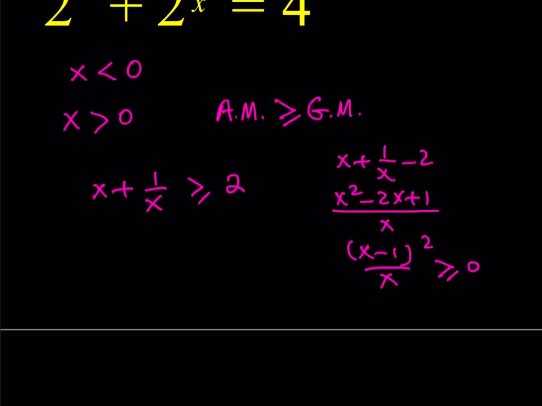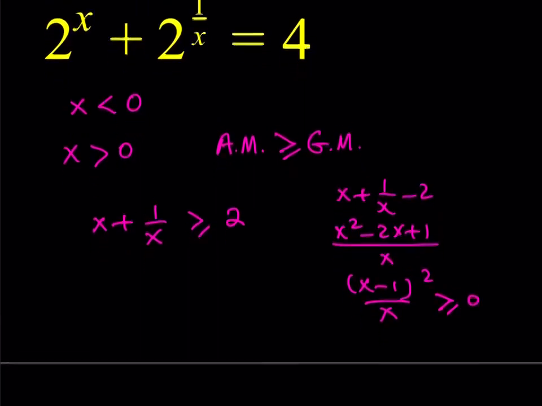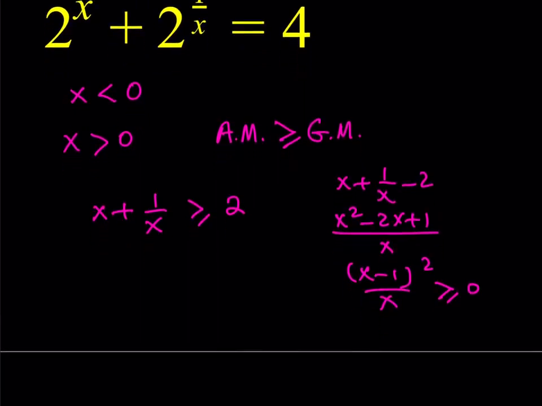What does this tell me though? I don't have the sum of these two terms because these are the exponents. Well, what I can do is, along with the AM-GM inequality, I can use this to establish some boundaries for my equation. Now, let's go ahead and do that. Since x plus 1 over x is greater than or equal to 2, if I just raise 2 to that power, I'm going to get 2 to the power x plus 1 over x is greater than or equal to 2 to the power 2, which is equal to 4.